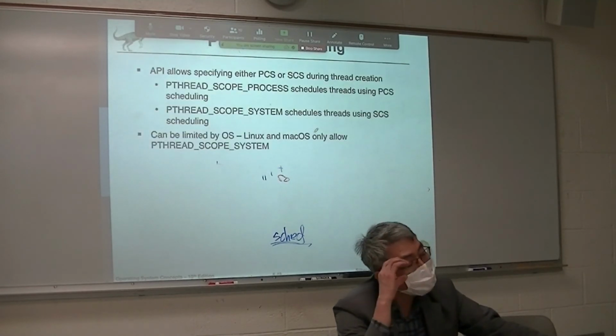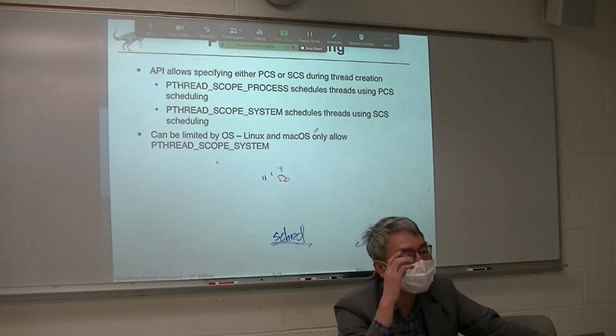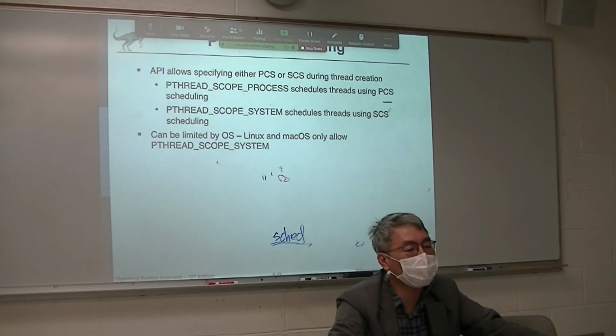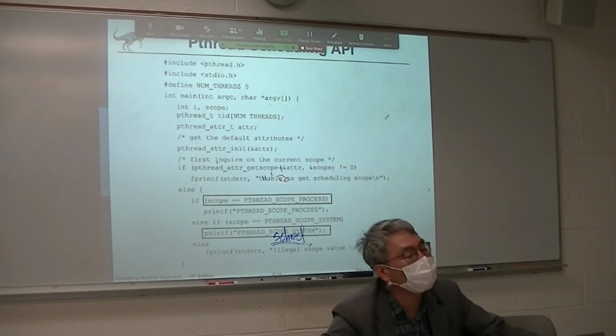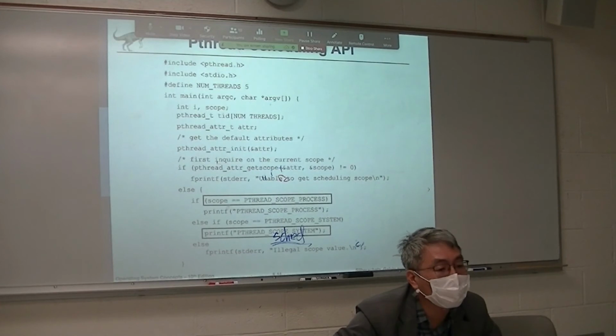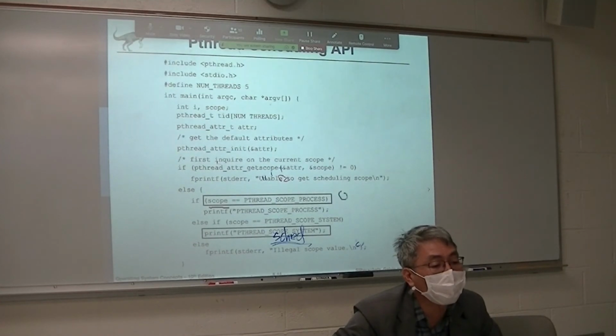Okay. So Pthread, for example, POSIX thread, provides both PCS and SCS. This is an example of the Pthread scheduling API. So you can see the scope. You are going to decide the scope. So PTHREAD_SCOPE_PROCESS is the process level.